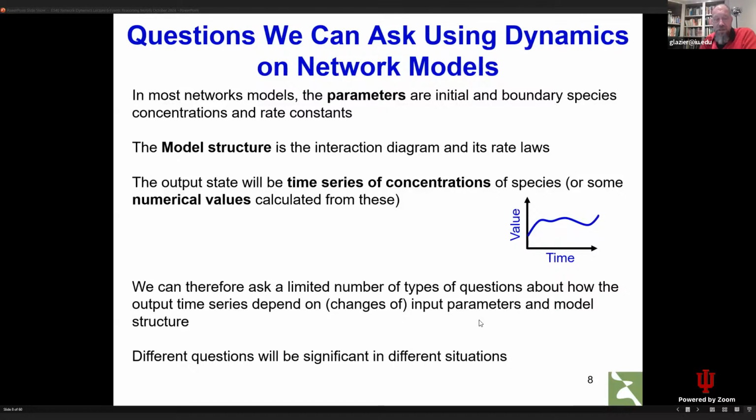And typically we'll ask those questions not only about some time series for some set of parameters, but also how that time series will change depending on the initial conditions of the variables, the values of the parameters, and potentially also on the model structure, although we tend not to do perturbations on the model structure so much in this class. Now we have to think about when it's appropriate to ask this kind of question.